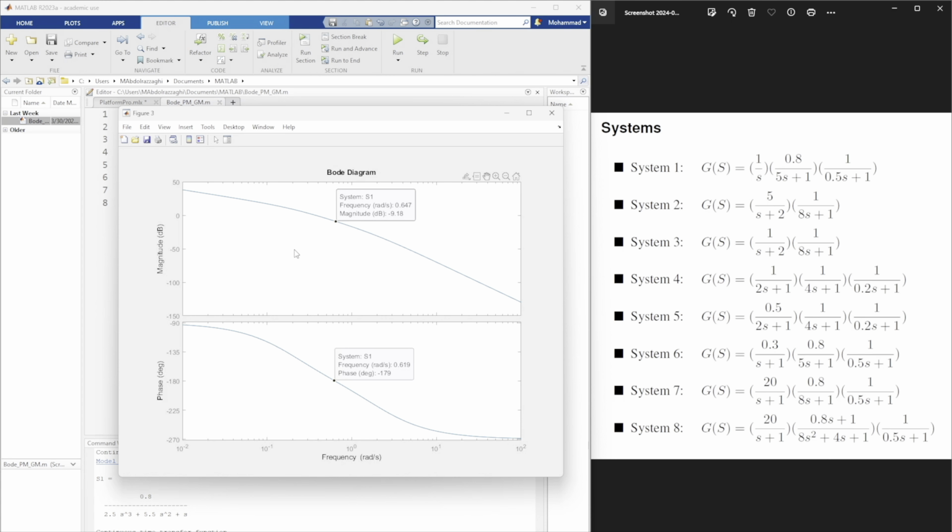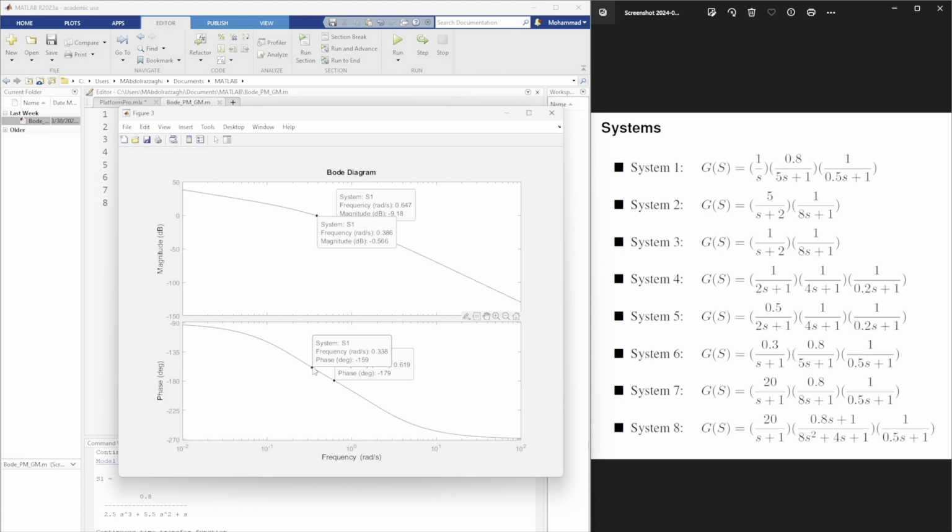In terms of phase margin, by the way, we need to start with the magnitude plot, and then try to find out where the magnitude is 0 dB. So we can start looking into the frequency that the magnitude has around 0 dB, and then find that frequency, in this case 0.386.